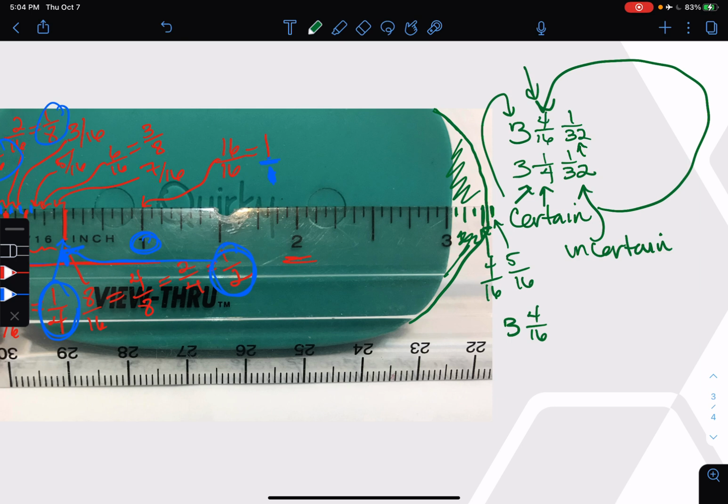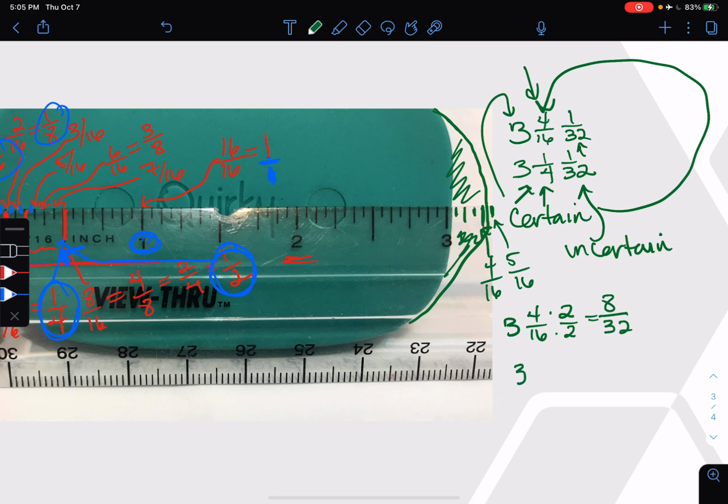In order to get to 32, we have to multiply the bottom by 2, because that would give us 32. And what you do to the bottom, you have to do to the top. So you'd multiply that by 2 also. And that gives you what on top? 8.